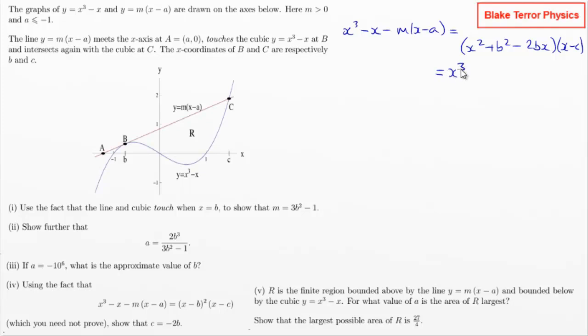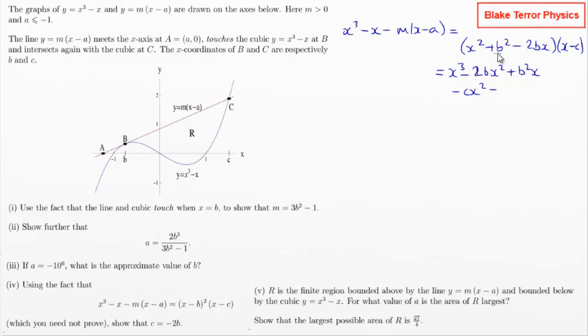So x cubed minus 2bx squared plus b squared x. So it's done all the x bits, minus cx squared.